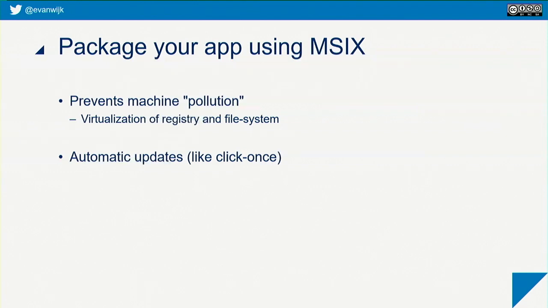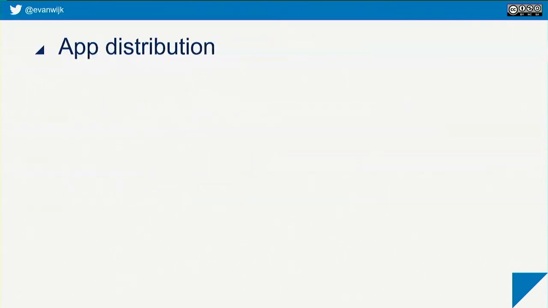So if you install your application, you can say, okay, watch that location, and if a new version is there, it will be automatically updated, and the user has the latest version of your application. It does this differentially, so only the files that have been changed are being downloaded to the machine, and this makes it, of course, fast and optimized.